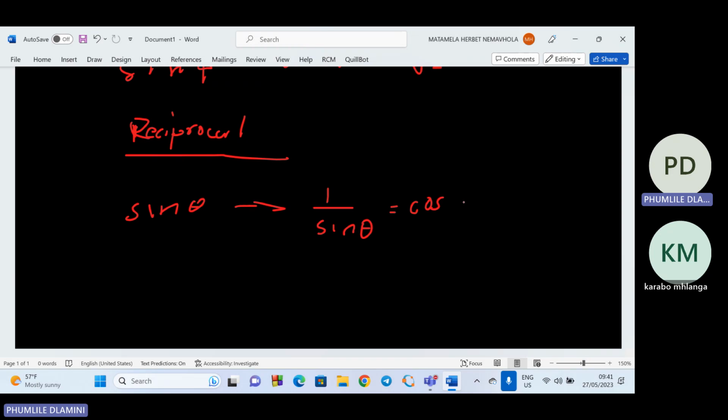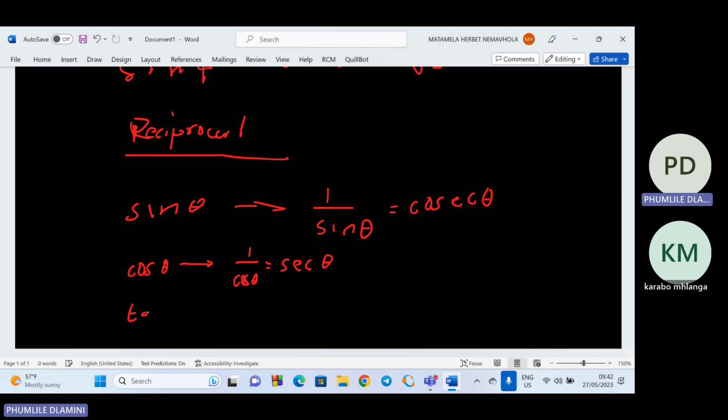Equals cosec theta. And cosec theta, sine theta is the reciprocal of cosec theta. And we also have cos theta. The reciprocal of cos theta is 1 over cos theta, and 1 over cos theta equals sec theta.